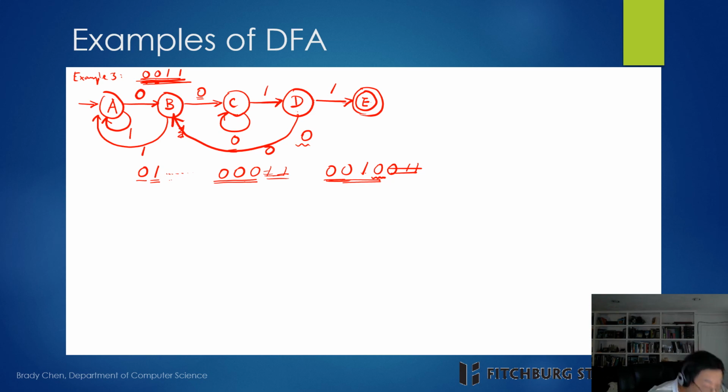Okay, let me eliminate some of the unnecessary things so we can make it better. Let's erase that one. Let me erase this one. Okay, just clean up this one.